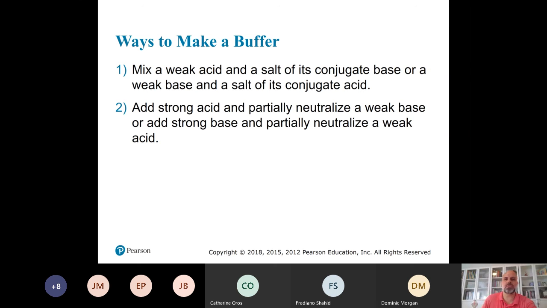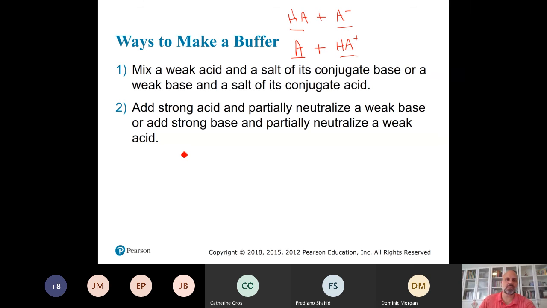We're just mixing HA plus A minus, or the base A and its conjugate acid HA plus. So this is the base and its conjugate acid, or the acid and its conjugate base. We're just mixing these solutions together in order to form our buffer solution.